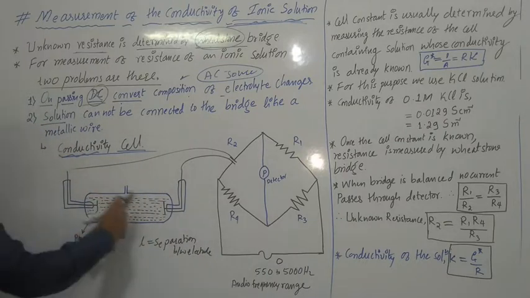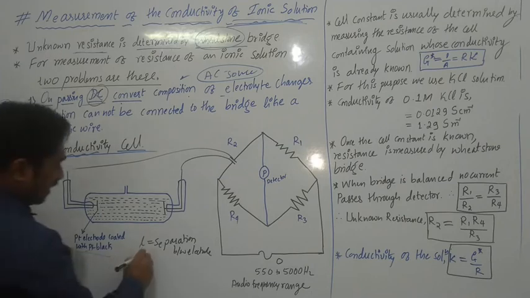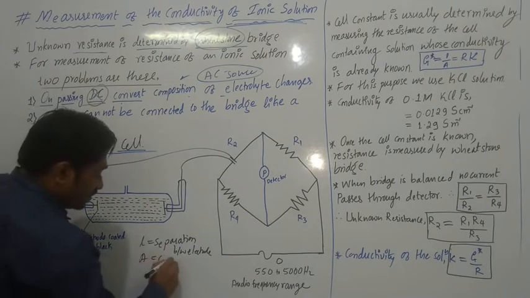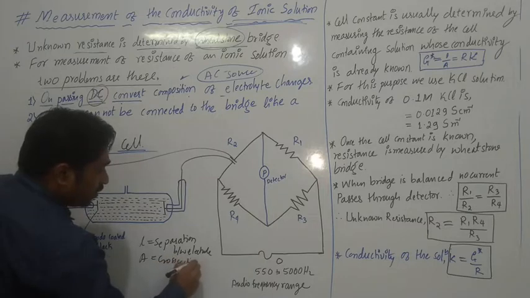And these two electrodes have area of cross section A. It means the area of cross section.